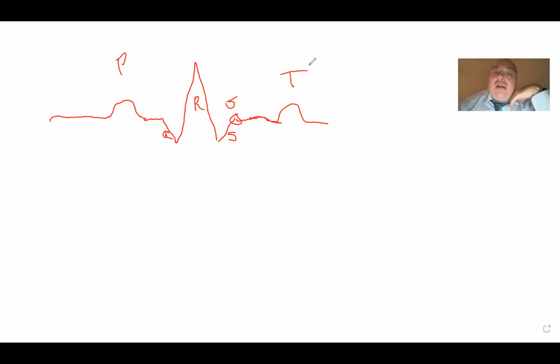Now, sometimes, though not commonly, you will have a secondary wave after the T wave that's a little bit smaller, and that's called a U wave. It is not a common finding, but it does occur, and we should be aware of it. For U waves to be considered prominent, they should be greater than 25% of the height of the T wave.